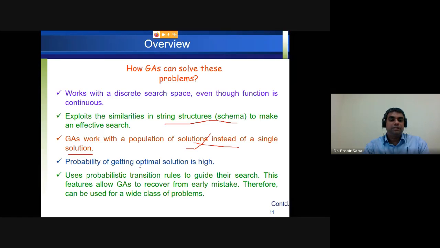The probability of getting the optimal solution is also high, and GA also uses a probabilistic transition rule to guide its search. This feature allows GAs to recover from early mistakes. In single objective GA, I don't know whether the elitism preserving operator is used that much. They use reproduction to have multiple copies of elite solutions.